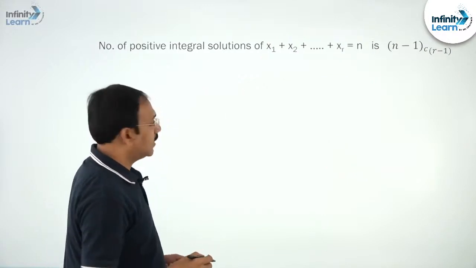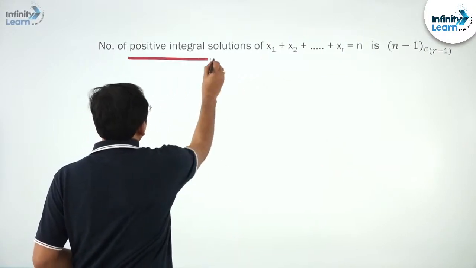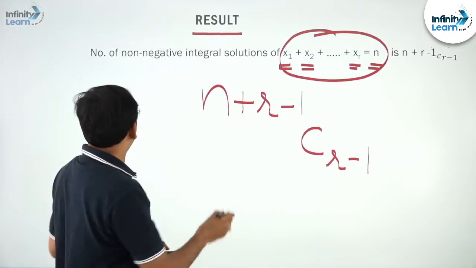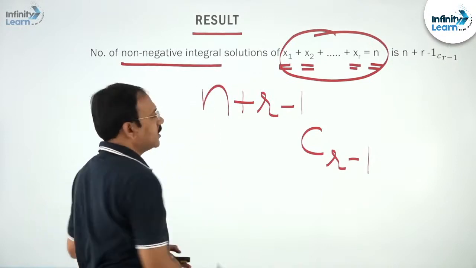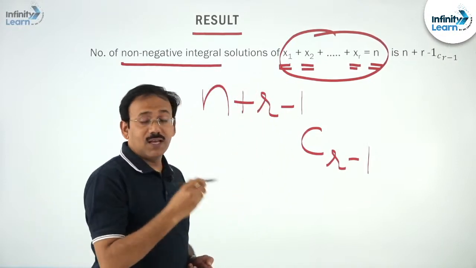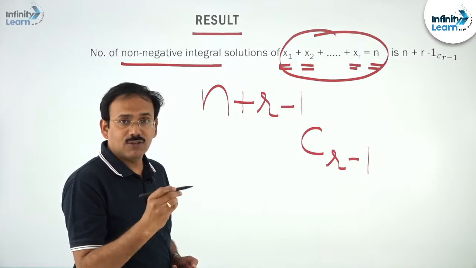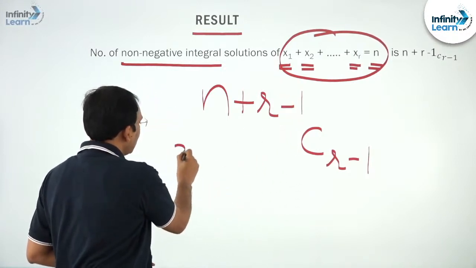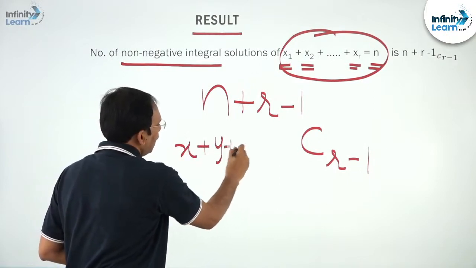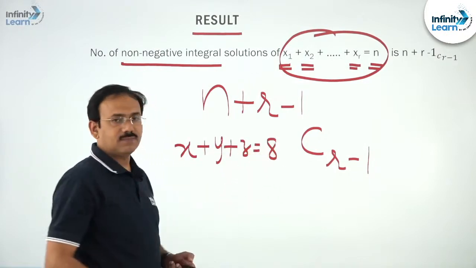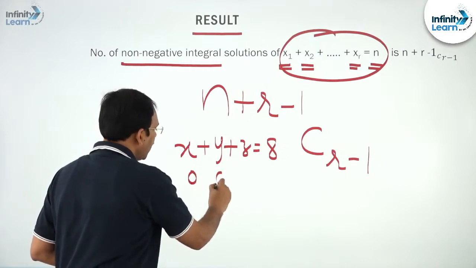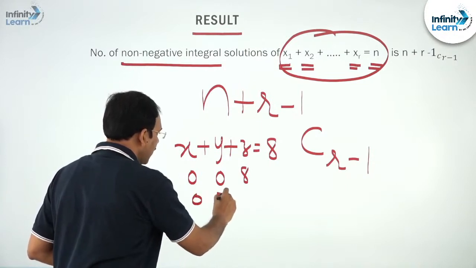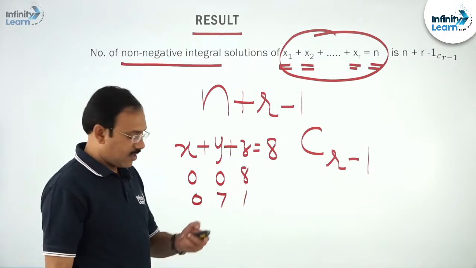The next point is the number of positive integral solutions. What is the difference between the previous point and this? Non-negative integral solution means each variable can take integer values, of course it can take 0 or positive. For example, you are given an equation like x plus y plus z is equal to 8. Here x0, y0, z8 is also a solution, x0, y7, z1 is also a solution.